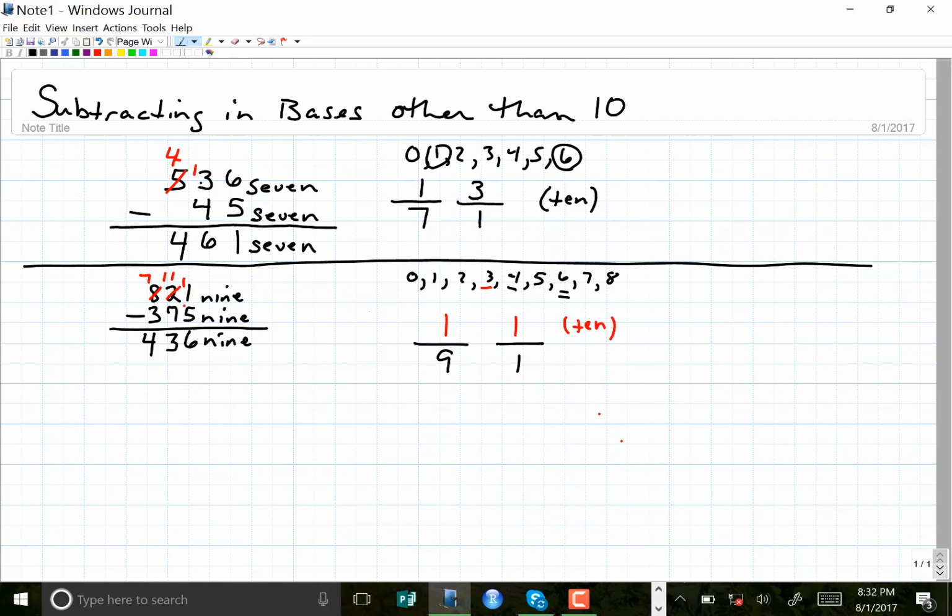Here, this is not a 13, it's 1 seven and 3 ones, and that is 10. So I'm going to think 10 minus 4, which gives me 6. Remember you can think your numbers in base 10, but make sure that everything that's written is written in the base, in base 7 or base 9 in these two examples.